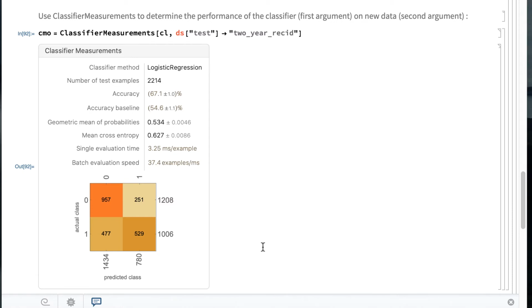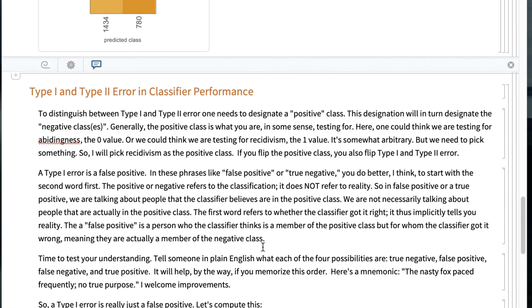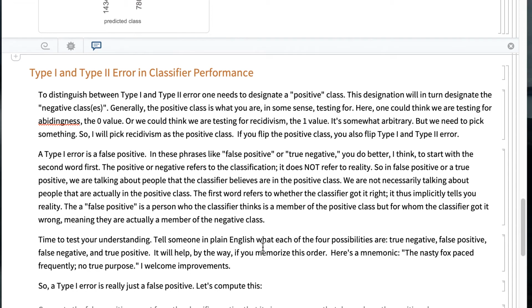But now let's talk about type 1 and type 2 error. For type 1 and type 2 error, you need to designate a positive class. By designating one class as positive, you're basically designating the other class, or possibly classes, as negative. Here, a positive class is what you're testing for.